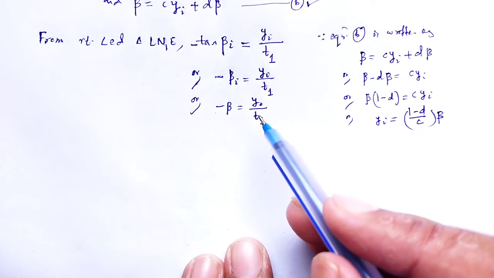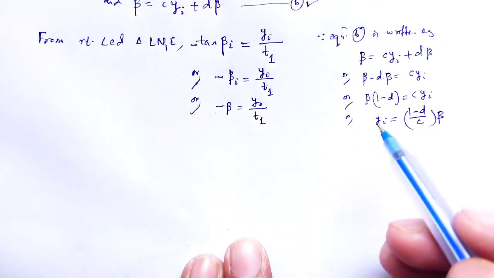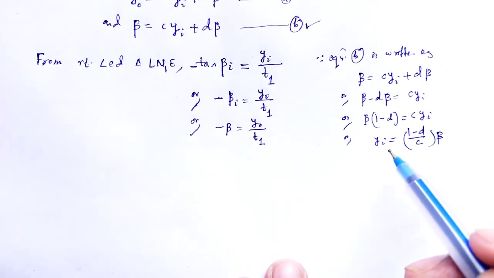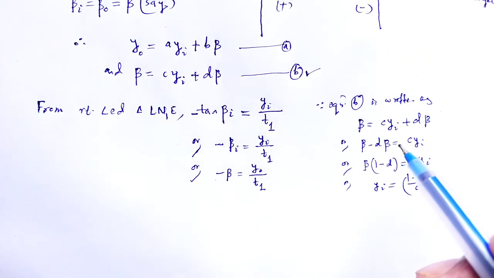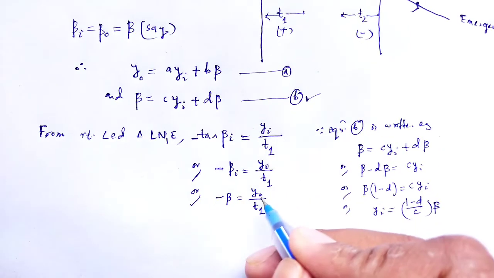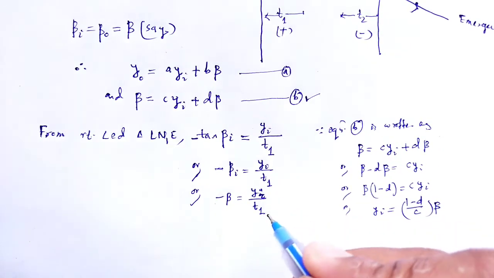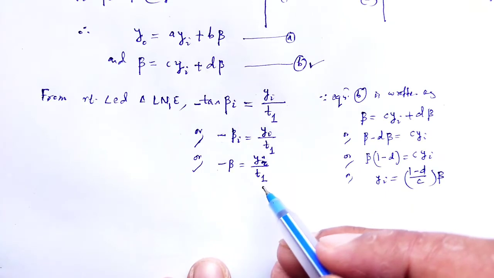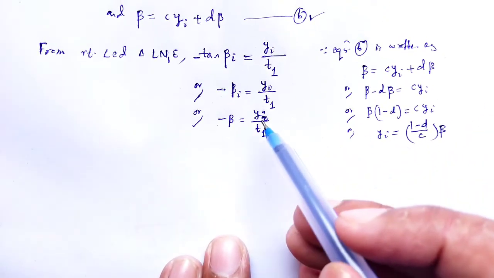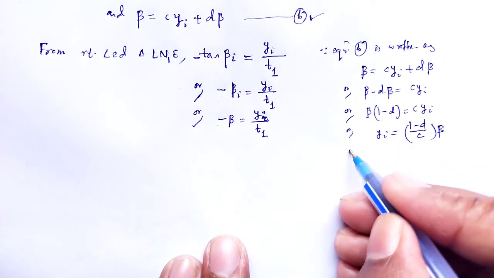Again, the value of beta is put here in place of yi. Here yi is equal to minus beta into T1.